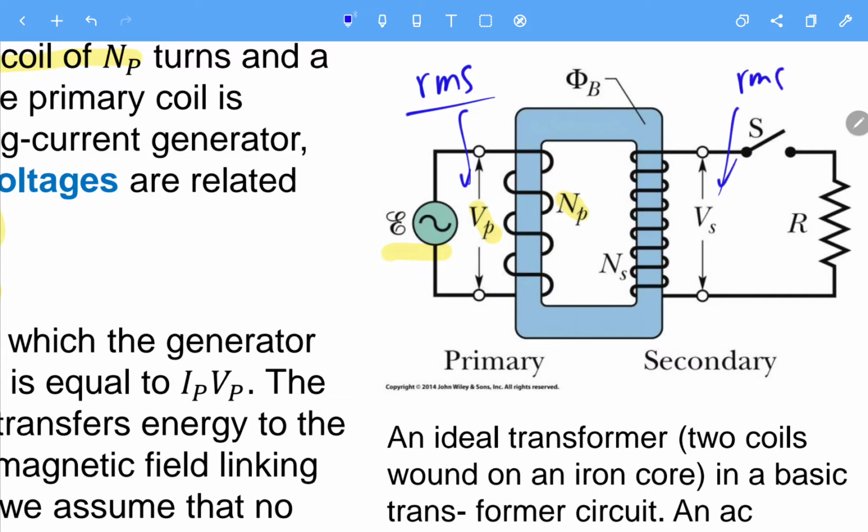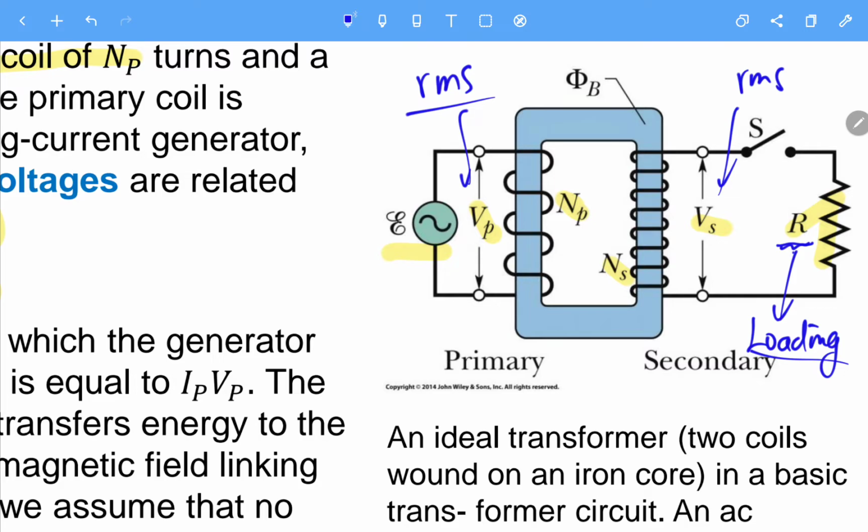This is also an RMS value. For the secondary coil, we use Vs and Ns to represent the voltage and the number of turns. Here we have the loading resistance. You may consider it a machine or any electrical device that consumes the power.